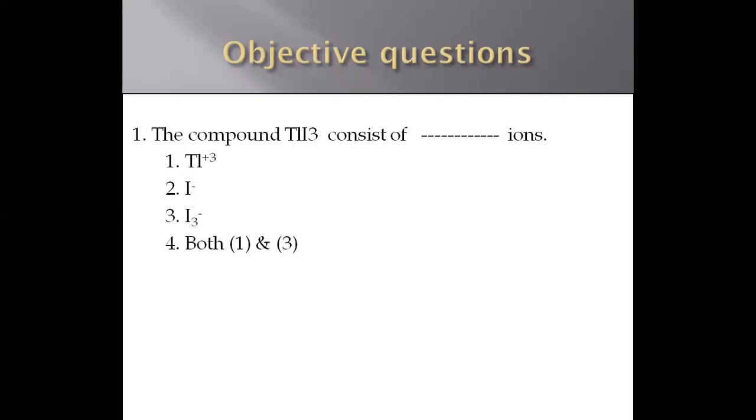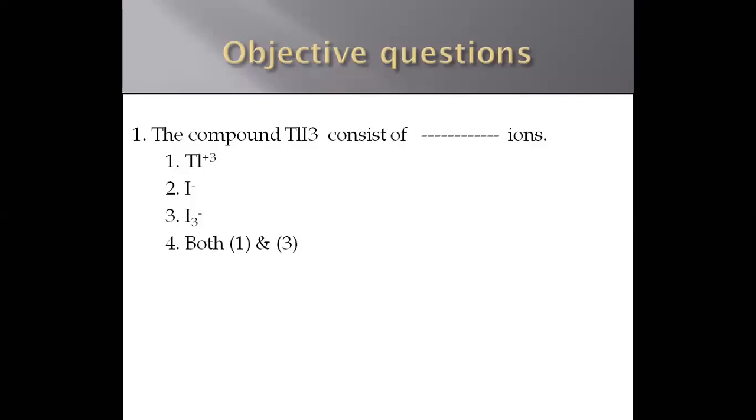As we have already discussed earlier, thallium is more stable in the +1 oxidation state rather than +3. Therefore, the first option, thallium +3, cannot be the answer, because thallium is stable with +1 oxidation state. I minus is not the iodide ion, it is triiodide, that is the third option.